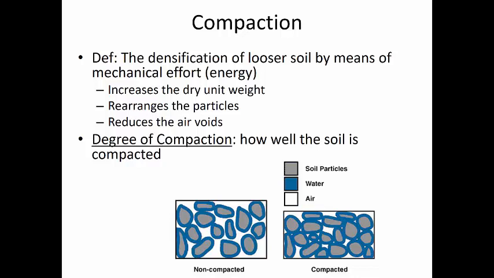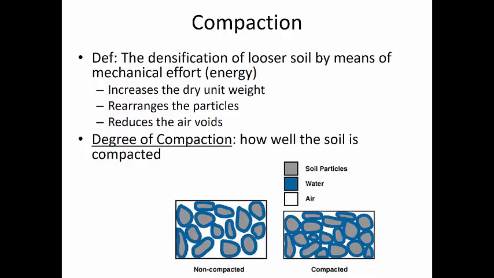And the outcome of this is that when you densify soils, you increase the dry unit weight by rearranging particles and reducing the void space, and that reduces the air in the void space.